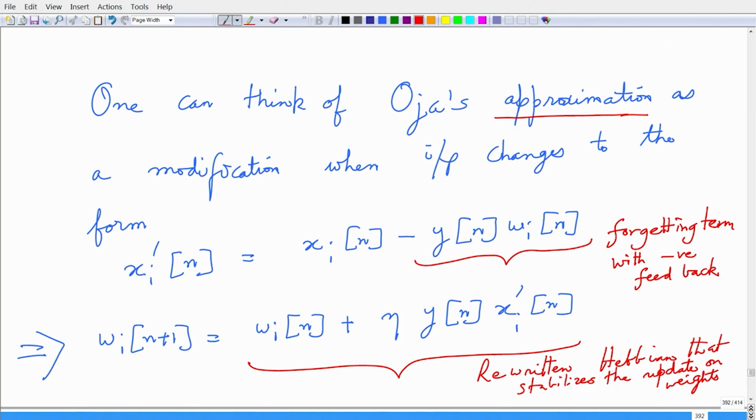You have a negative feedback term here and that pulls your weight down from blowing up. That is the game that is happening here.